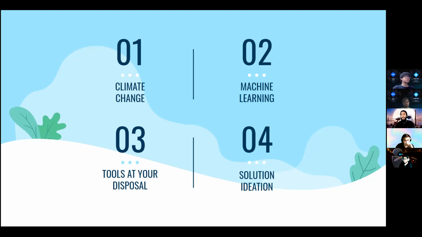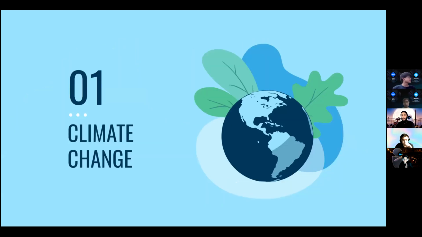These are wide machine learning topics that you could apply when you're coming up with solutions. And then the fourth part is the main part, the forum section, where you'll be splitting up into breakout rooms based on different topics. Then you can discuss with other people and come up with your own solutions to climate problems. I'll pass it off to Ava to discuss climate change.